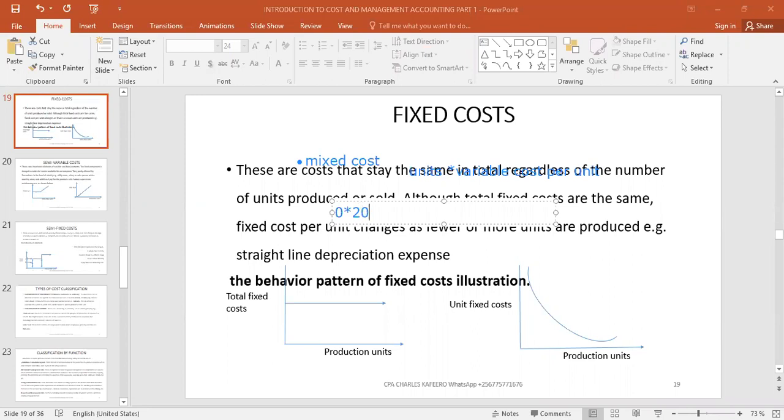It will give us a 0. The reason why it is giving us a 0 is that when you are not producing any item, we expect to incur 0 total variable costs. That's why here you are seeing there is a 0.